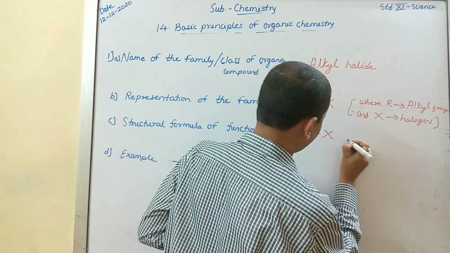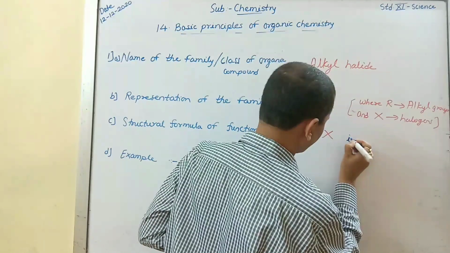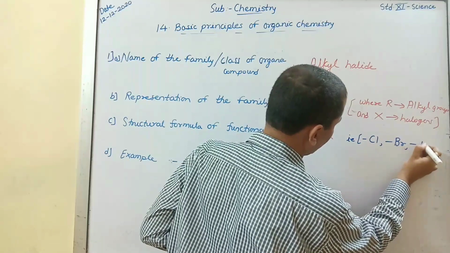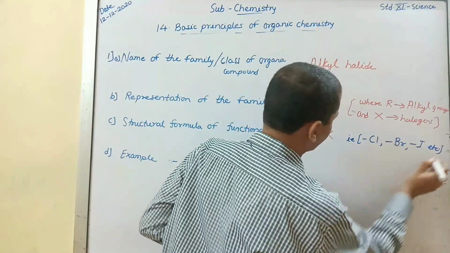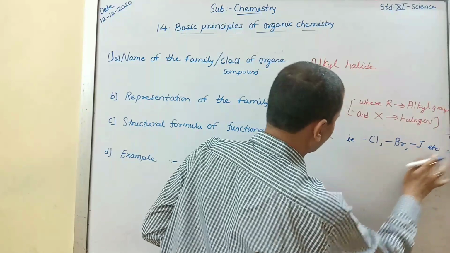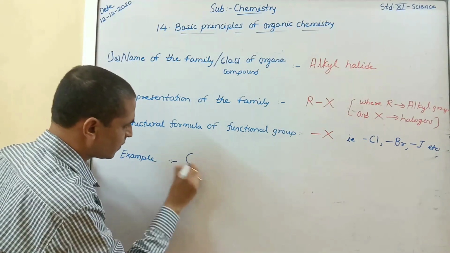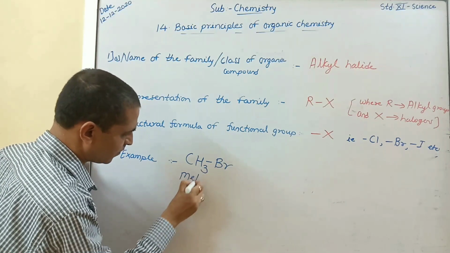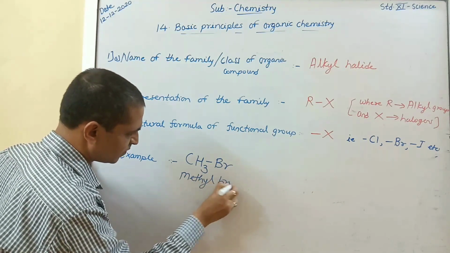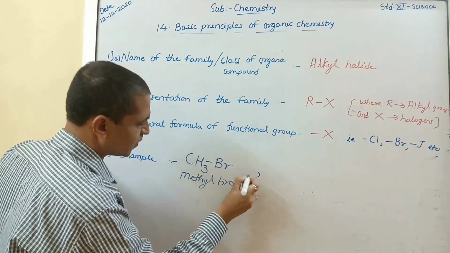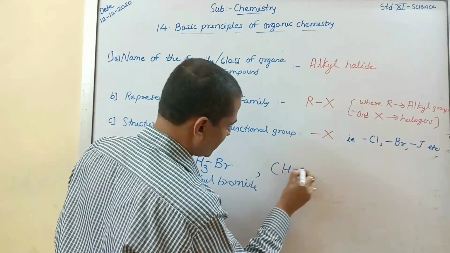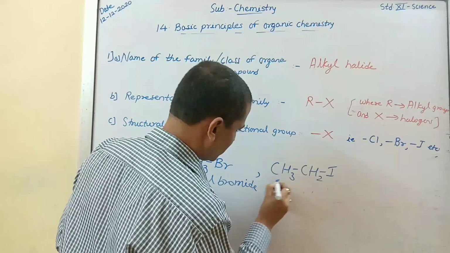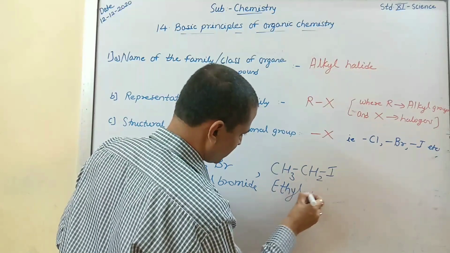It may be chloro, bromo, iodo, etc., that is Cl, Br, I, etc. See the examples. First, CH3Br, this is methyl bromide. CH3CH2I is ethyl iodide.